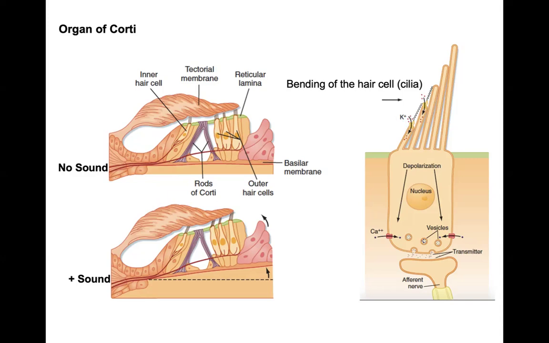And again, remember it's mechanically gated, or mechanoreceptors, right? Meaning that the movement of these will cause the change of the conformations, opening this channel, okay? Now, when the channel opens, potassium will flow inside the hair cell, okay?